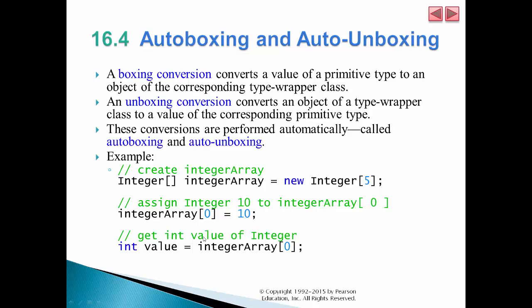So Java can go in both directions automatically without you doing any additional operation to convert your primitive data types into objects, and objects back into primitive data types. If you're using the corresponding type wrapper, Java can cast all that automatically for you.